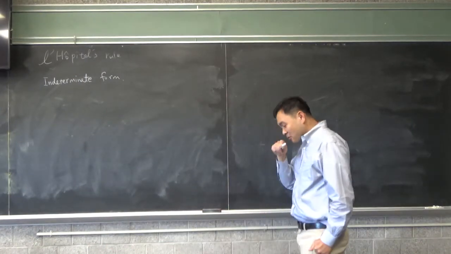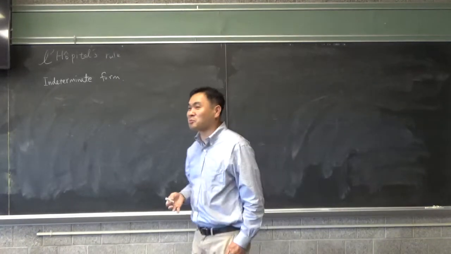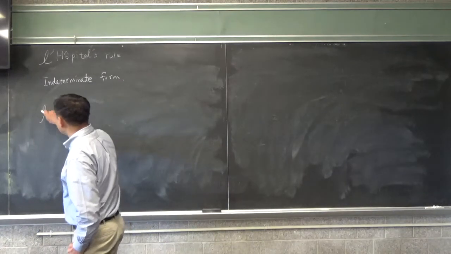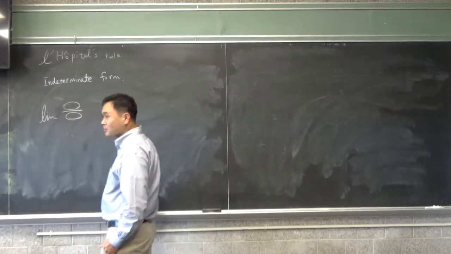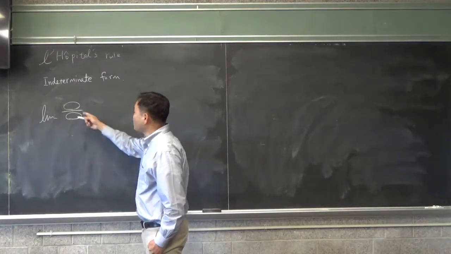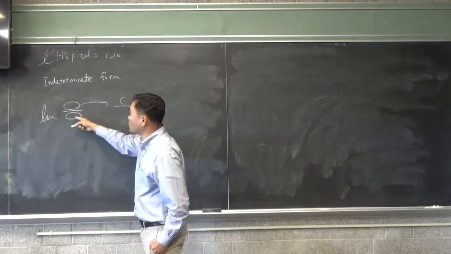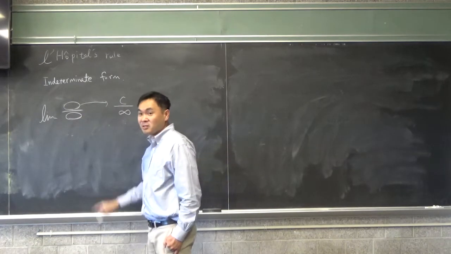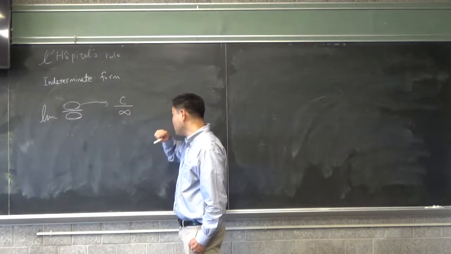All right, indeterminate form. In order to explain what indeterminate forms are, I first have to explain what determinate forms are. If you had the limit of some fraction, and the top gets closer and closer to some number, whereas the bottom grows to infinity without limit, it just becomes bigger and bigger.